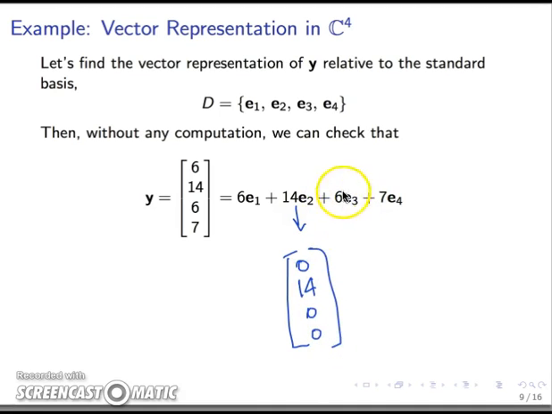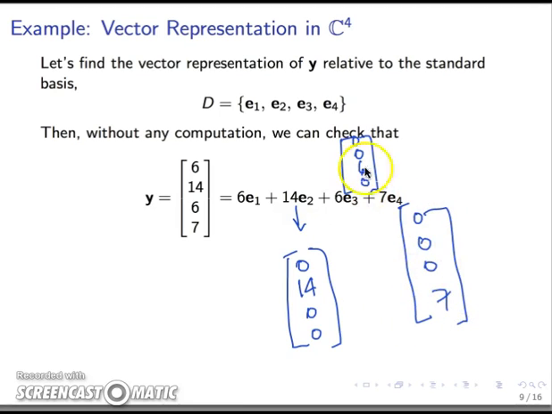And we add that to another vector that looks like 0, 0, 6, 0, and that also is added to a vector that looks like 0, 0, 0, 7, okay? So by adding these vectors, this linear combination is exactly equal to the vector 6, 14, 6, and 7. So this is a convenient way of representation, the representation with the basis that contains the standard unit vectors, which is almost by inspection.